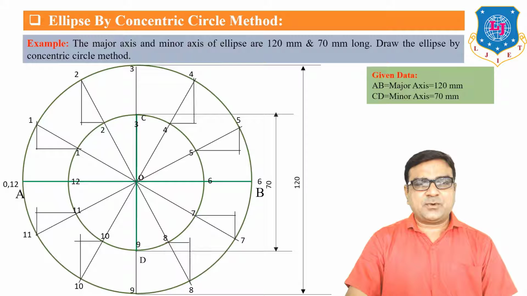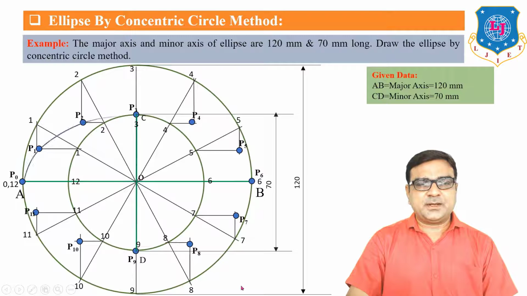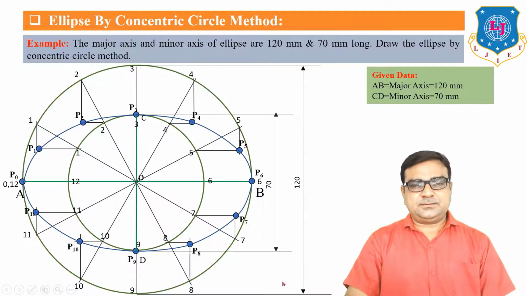The intersection points are P1, P2, P3, P4, P5, P6, P7, P8, P9, P10, P11, P12. So trace out all the points and you are able to draw the ellipse.